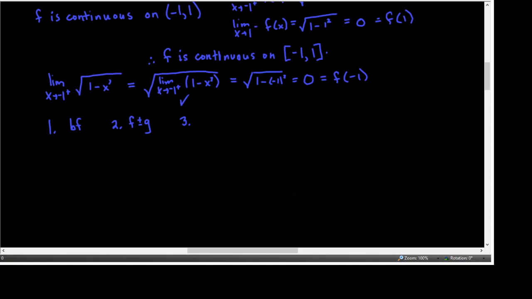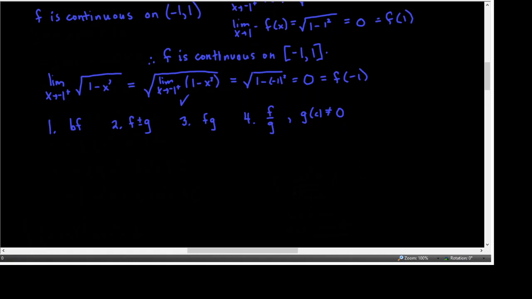And then the product of two functions will be continuous at c if f and g each are separately continuous at c. And the quotient of two continuous functions at c will be continuous at c, except, and this happens every time we have a quotient, for when you're trying to divide by 0. That one we have to disallow.